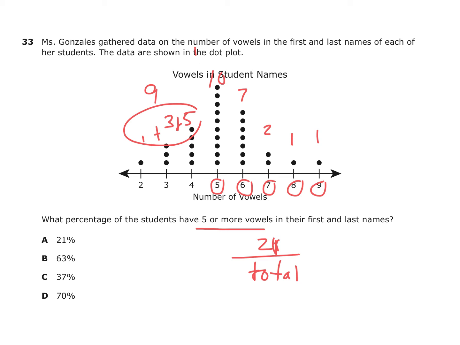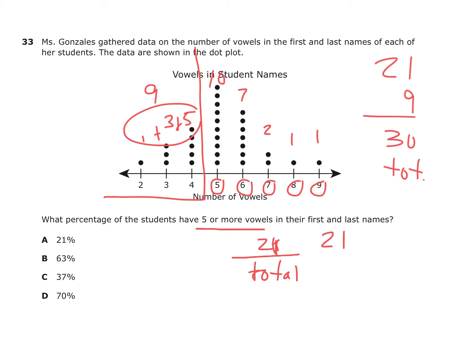So we have 9 with 4 or less, and we have 21. So if you add 9 plus the 21 that we had, that's 30 total. So the total is 30. So what percentage then is 21 out of 30?